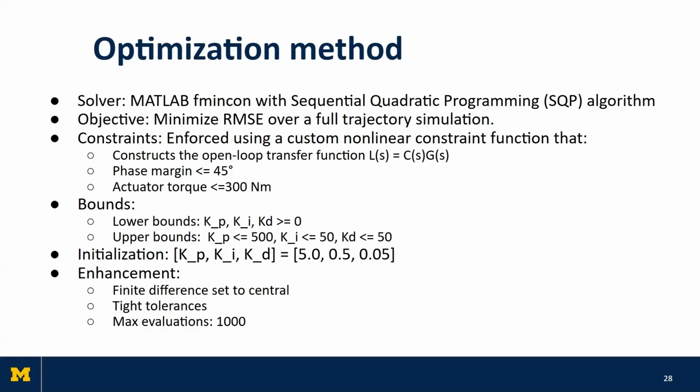And then we set an actuator torque limit of 300 Newton meters, which is in line with real world motors. We set some bounds on the PID values so that they're within realistic limits. And then we set the max evaluations for each run of the program to 1000.